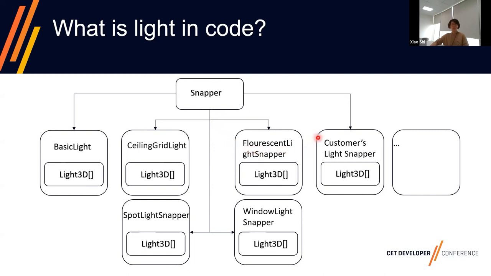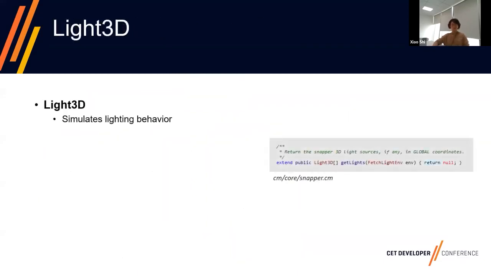We also have customized light snappers. I know that some of our customers have their own lights or want some light-behavior product, so they can extend from snapper and make their own lights. You probably wonder what this Light3D is that I put for every light snapper. In snapper.cm you have a method that returns this Light3D.